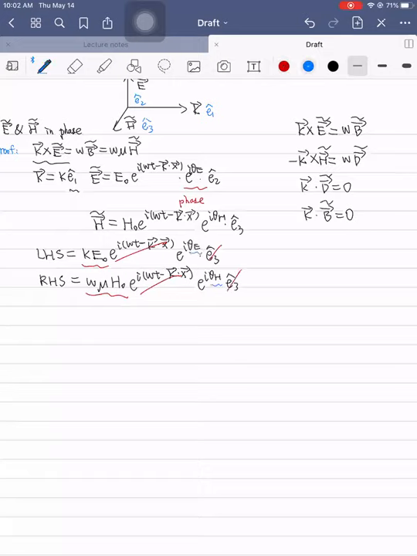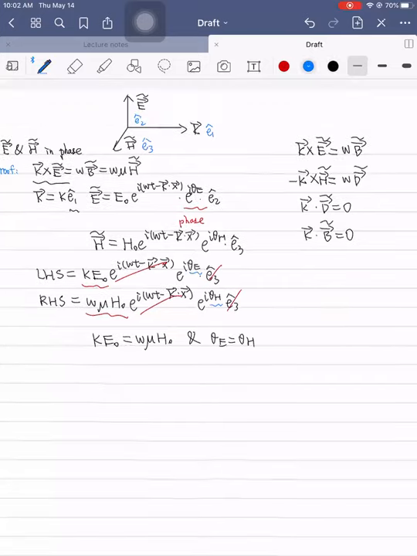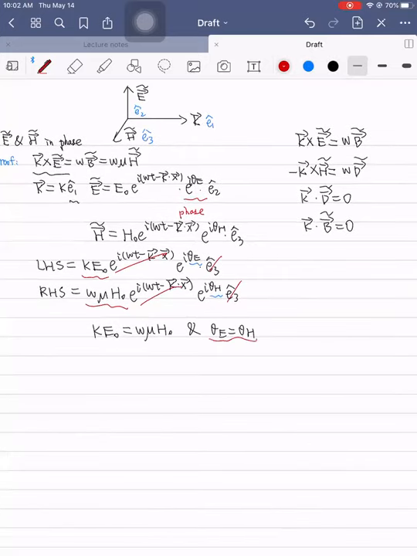For the phase, we get this. Okay, so from the second equation, we know E and H must be in phase because these random phase terms are equal to each other.